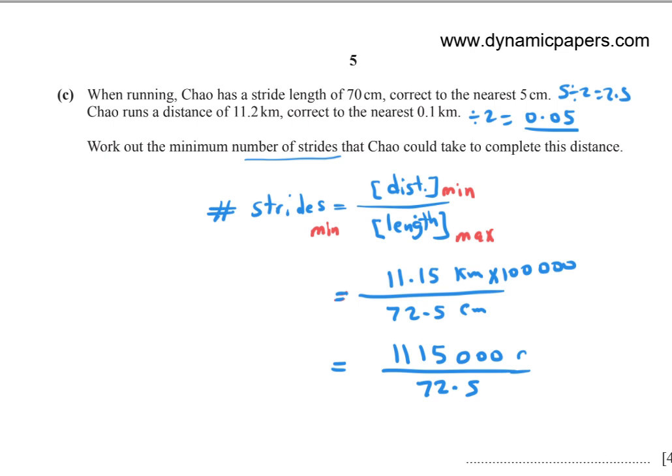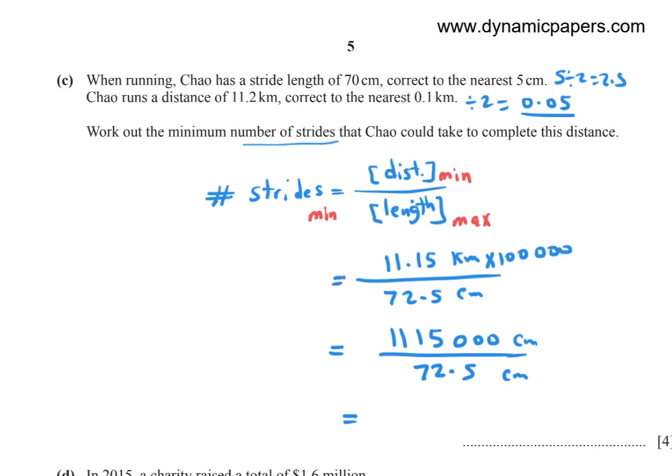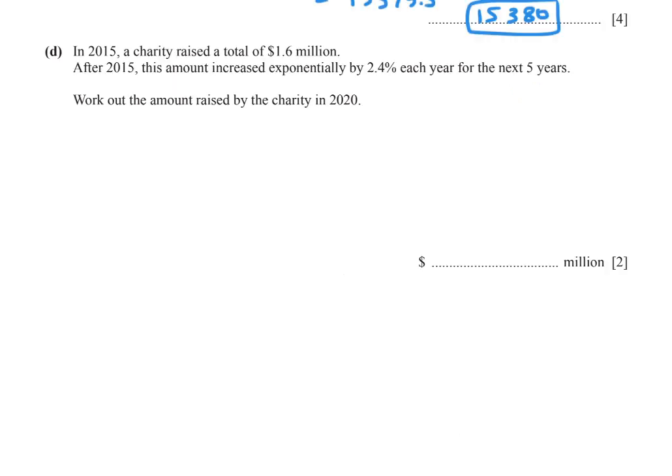Now we have centimeter and centimeter. Now we can divide. Equals 15,379.3. So the minimum 15,380. We round up because 15,379 is not enough to complete this distance.